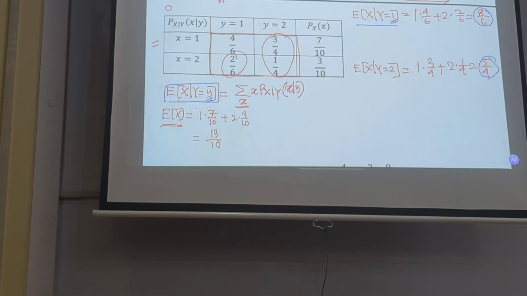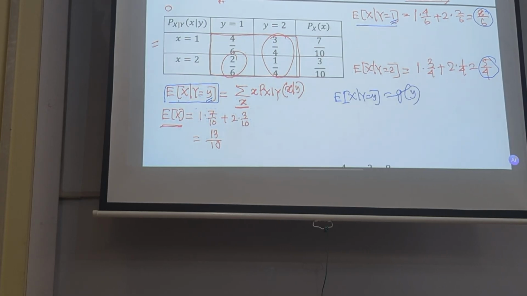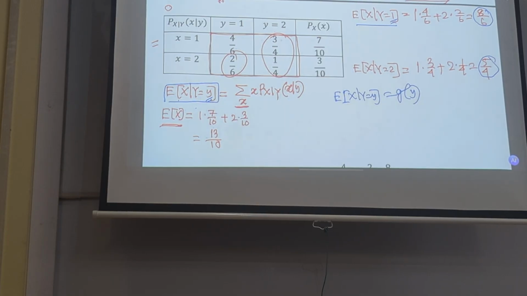Can we say this quantity is actually a function of what? Of y. When y equal to 1, this is 8 by 6. When y equal to 2, this is 5 by 4. And y itself is what? Y is a random variable with PMF what? What is the PMF of y? 6 by 10 and 4 by 10, right?